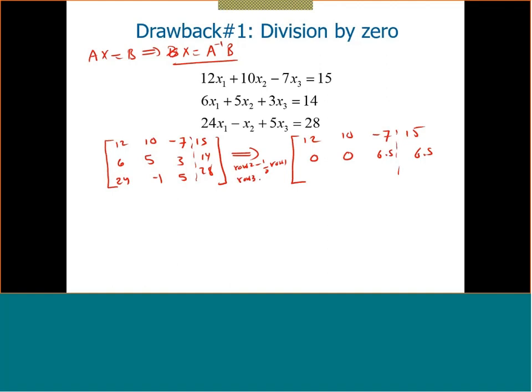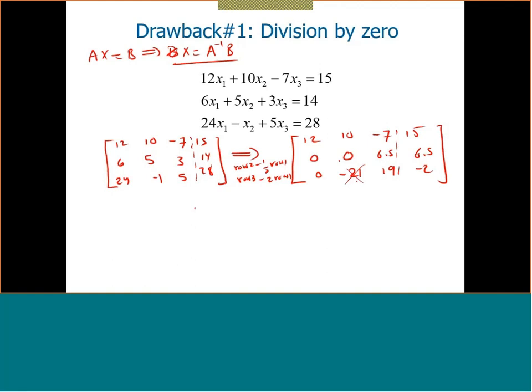Now I want to come here and do the same thing. I want to eliminate this. Wait a second, this is a 0. So as we know, what is the algorithm? We just multiply to get rid of the entry by minus 21 over 0. This is what we do every time.